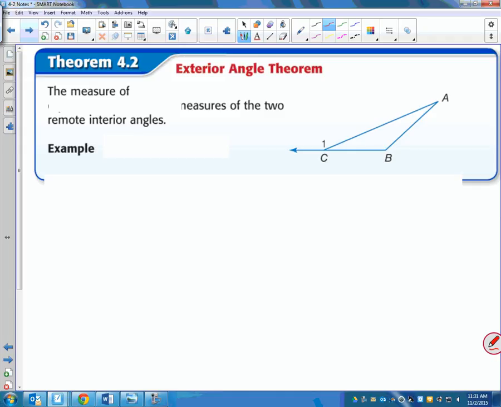All right, we also have this theorem called the exterior angle theorem. It says the measure of an exterior angle of a triangle is equal to the sum of the 2 remote interior angles. That's a whole lot of words.